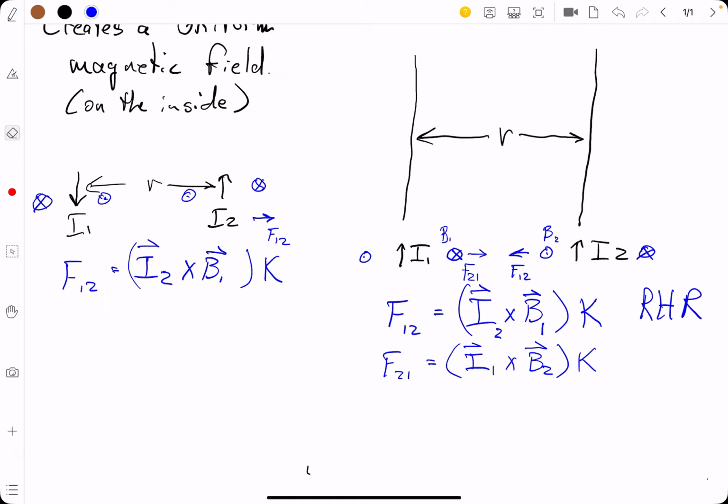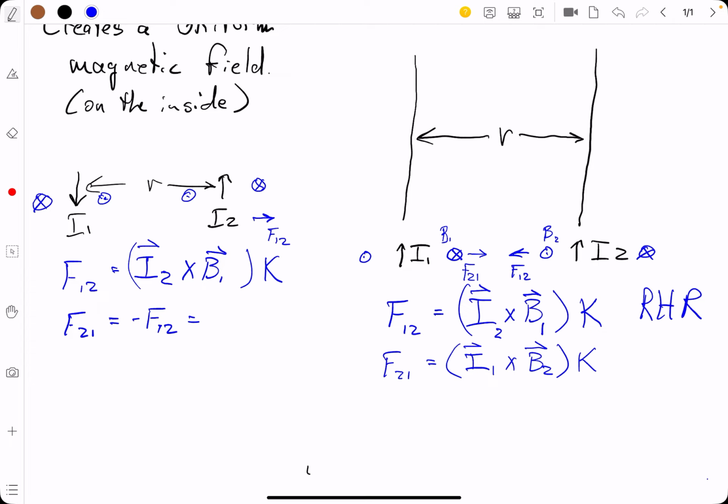What about for I1? That's going to be the force of 2 onto 1. Should be minus and equal, so it should be this. So good, Newton's third law. And hopefully it will be. Let's do it. I'm going to put my fingers along I1.